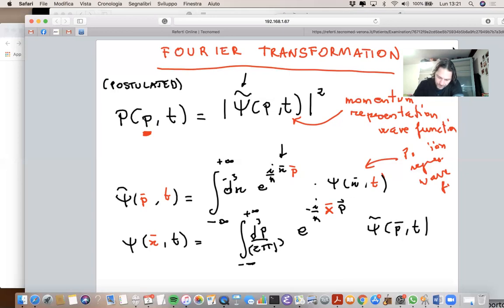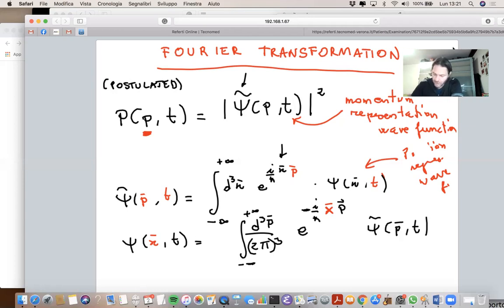There is some minor difference. For instance, let me emphasize that in this integral there is a 2 pi to the third downstairs, but there's no such thing in the previous integration over d3x. There is a negative sign in the phase here. But other than that, the two expressions are rather symmetrical.